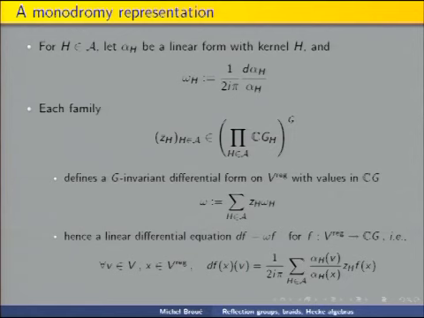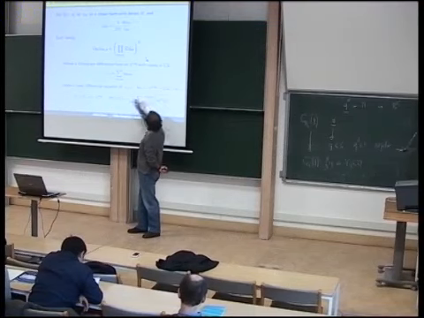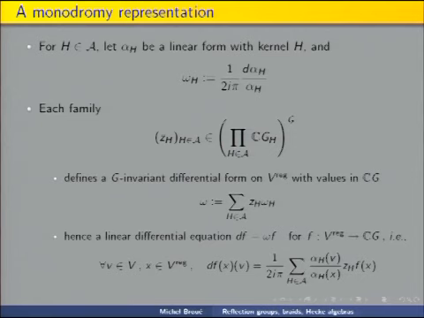So we have a linear map from V to CG. So df of x for x in Vreg is a linear map from V to CG. So now I have to describe the other terms. Omega f. So we multiply by f. So f of x. Of course, df applied to f of x. Now Z_H is given. This is the coefficient. And now we have to describe what d alpha H over alpha H is.